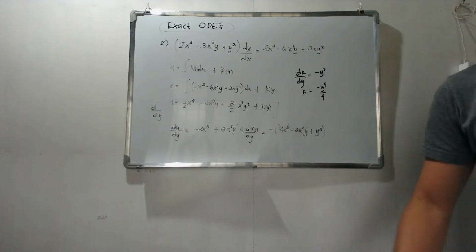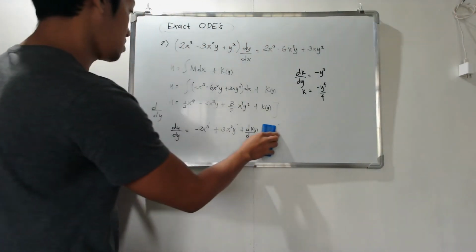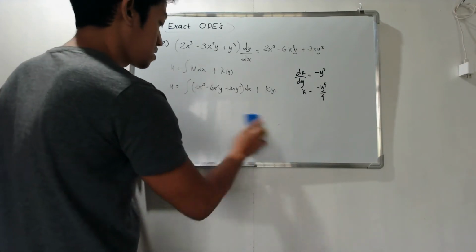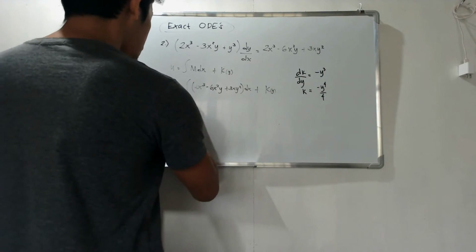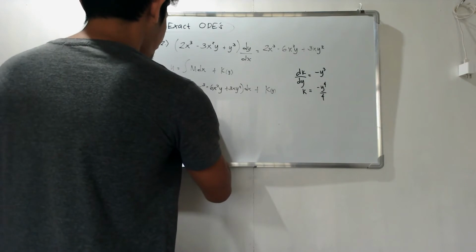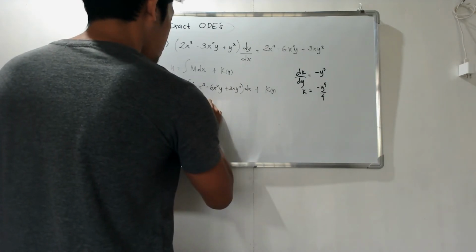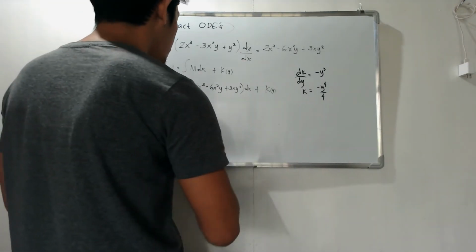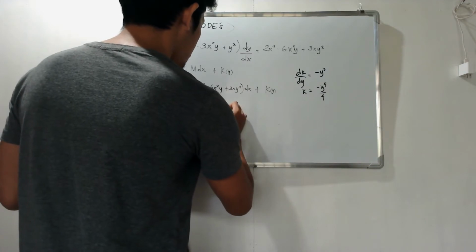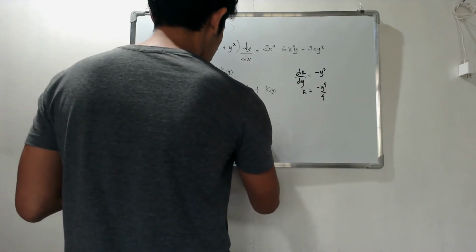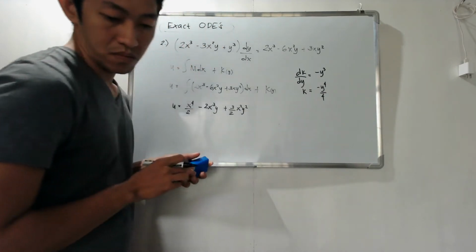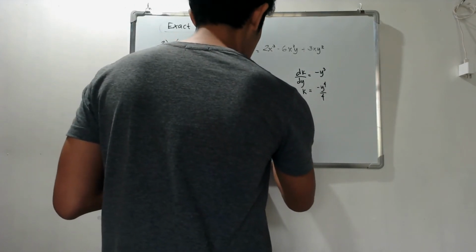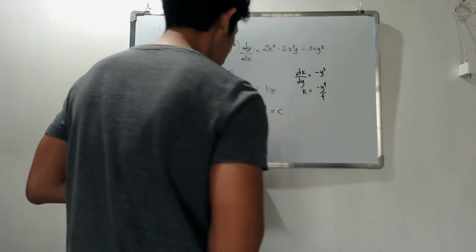So your u is equal to that, minus y fourth over 4, equal to constant.